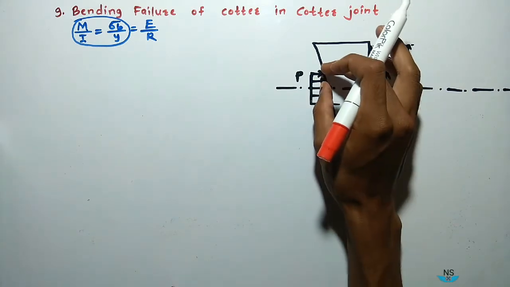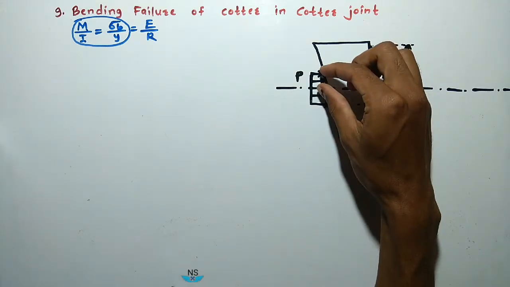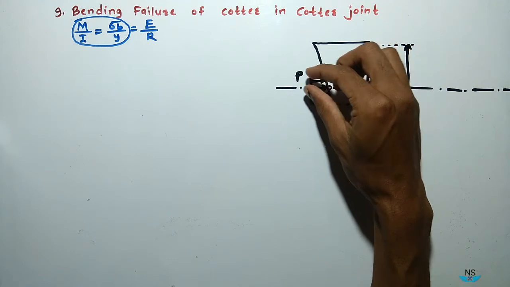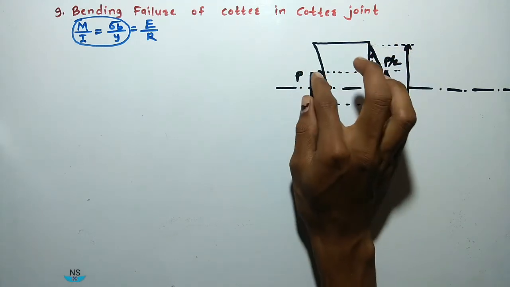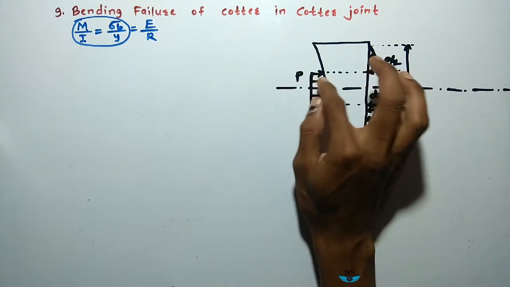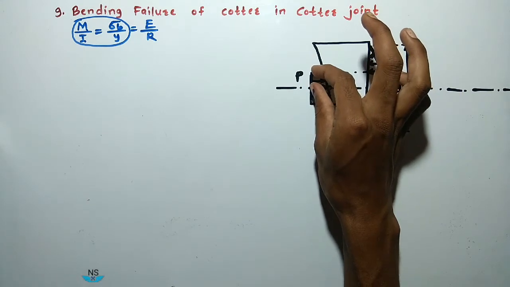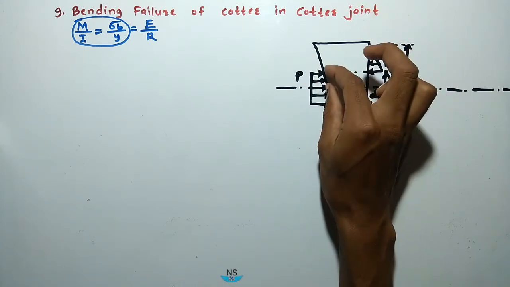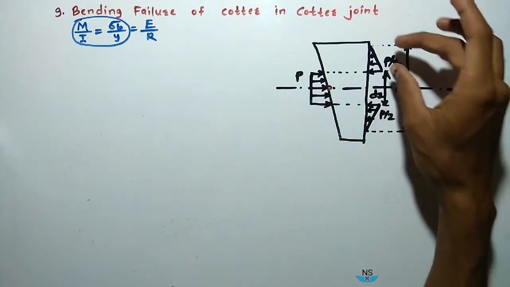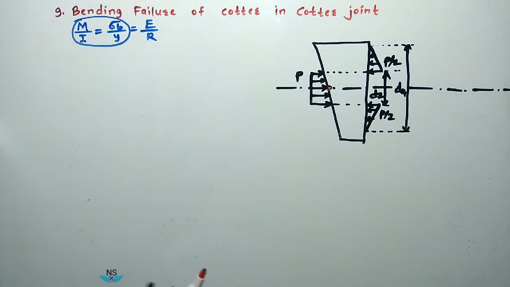So I require to take only this much force, that is half force, that is P by 2. So this is uniformly distributed load. So that P by 2 force will act at center of this much distance, and this is uniformly varying load which will act.